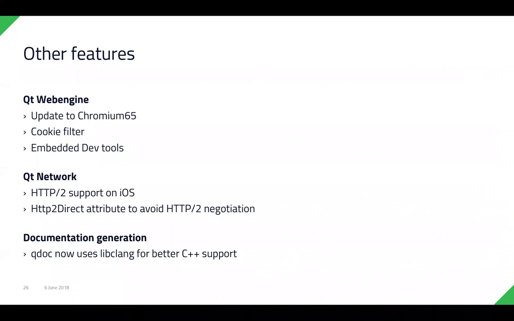And we've embedded the development tools for Chromium now into Qt WebEngine, so you don't have to start a separate process to debug your HTML in there. On Qt Network, we've added HTTP2 support on iOS and an HTTP2 direct attribute in QNetworkAccessManager to avoid the whole HTTP2 negotiation if you already know that the other side supports it.